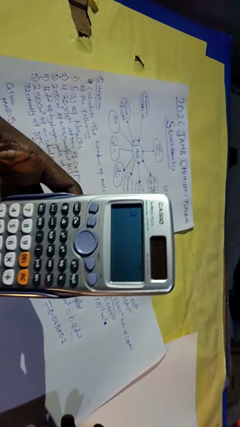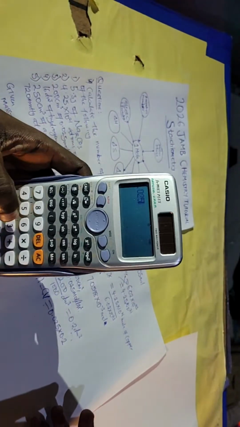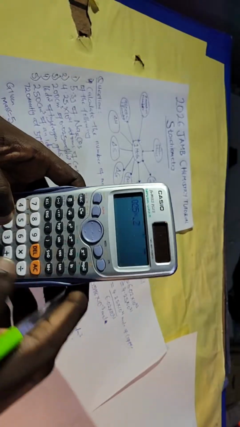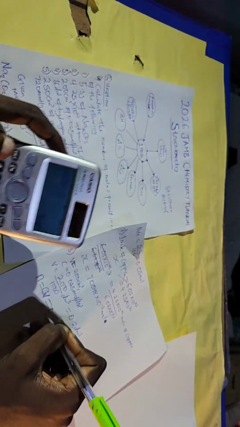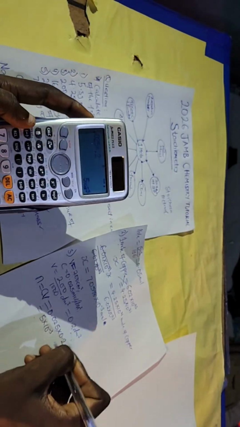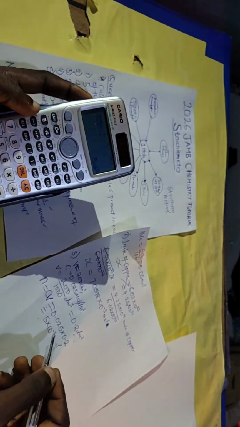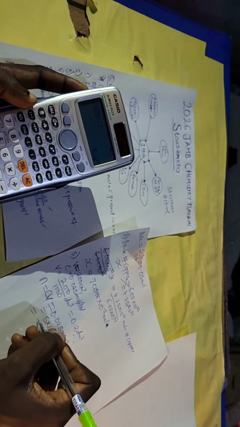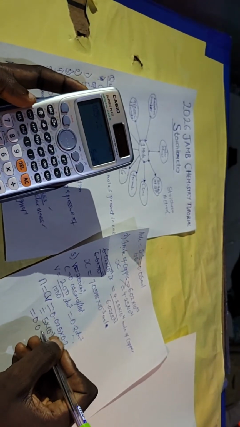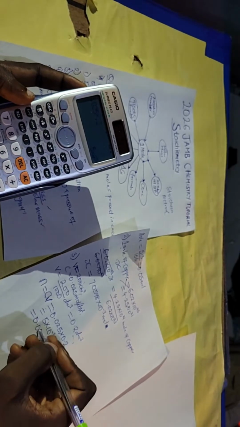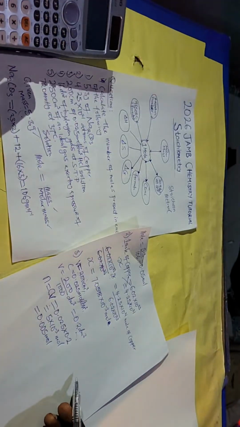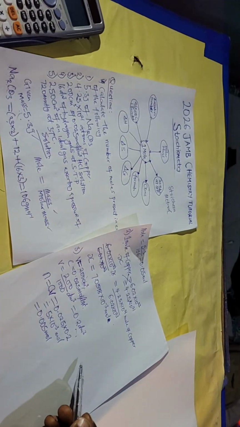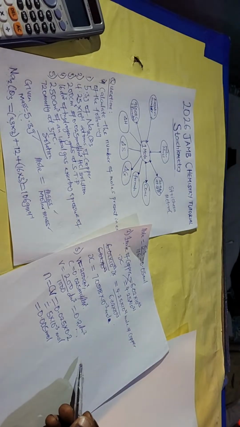So if you punch 0.025 times 0.2 in your calculator, this will give us 5 times 10 raised to the power of minus 3 mole. And 5 times 10 raised to the power of minus 3 is also the same thing as 0.005 mole. That is our answer to question number 3.